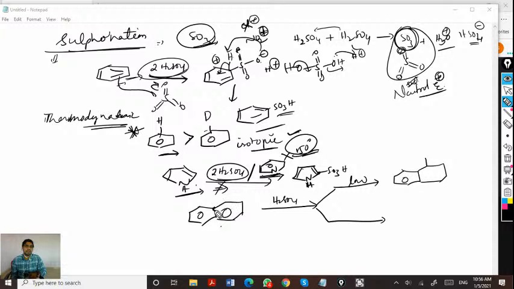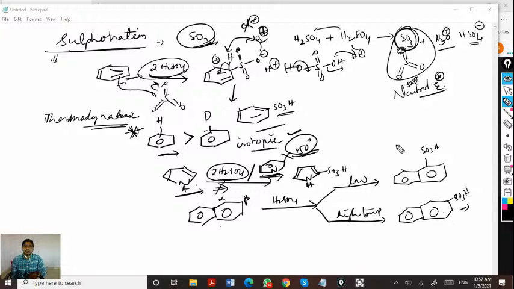This is next to the bridged ring or fused carbon. If it is directly attached, it will be alpha and the other will be beta. So at the alpha position it will be sulfonated. If it is high temperature, then it will be substituted at the beta position. This is also important for your examinations.